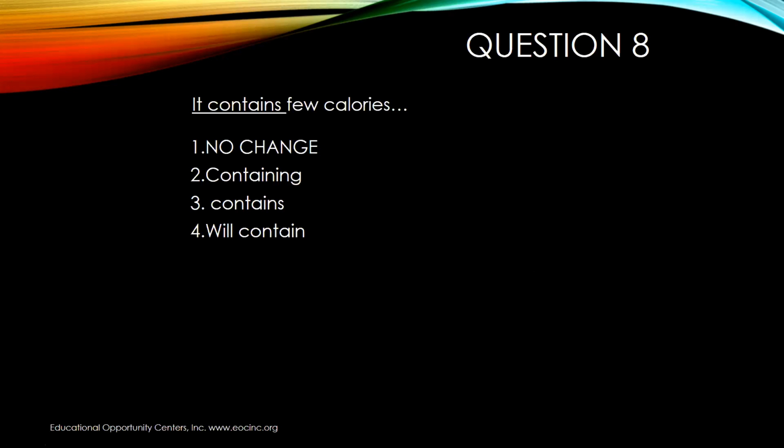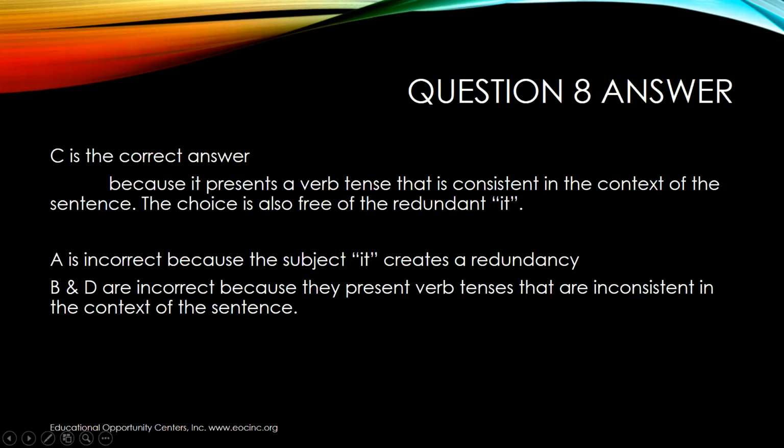Okay, we have A seems to be the consensus. A, they want to make no change to it. SAT tells us that the best answer is actually C, because it presents a verb tense that's consistent in the context of the sentence. So this goes back to reviewing those verb tenses, the subject verb agreements. And the more we do these SAT questions, the more you're going to start to see that. So mark that on your pages, guys. The correct answer is C.